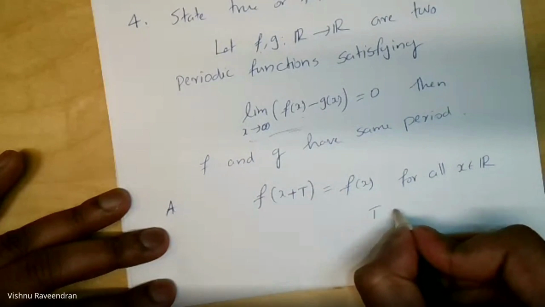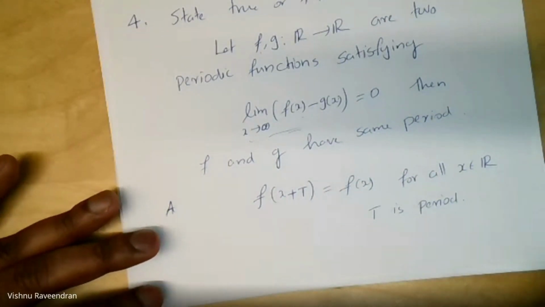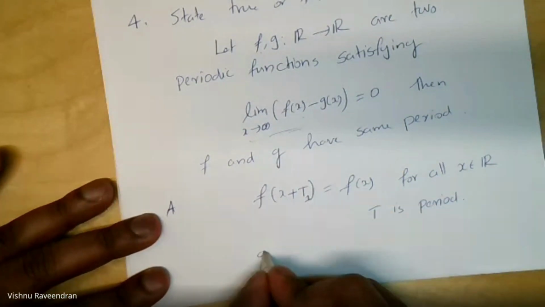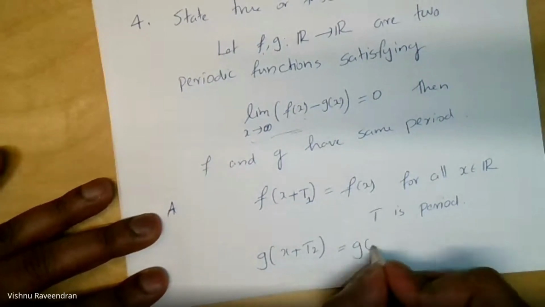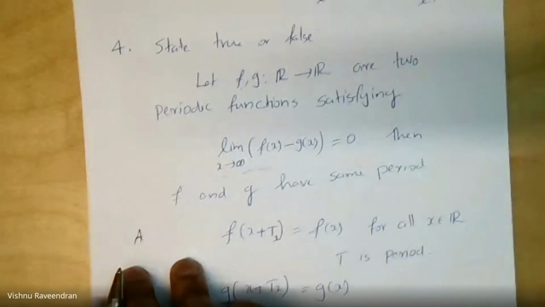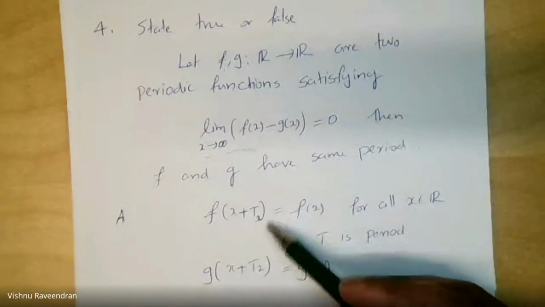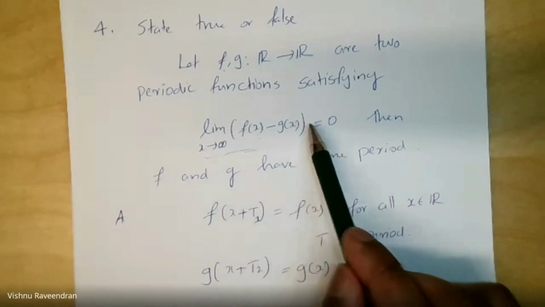Here we call t the period. And we have functions f and g satisfying the periodicity property. Now the question is whether these t1 and t2 are the same or not if you have this condition, the limit as x goes to infinity of f of x minus g of x equal to 0.